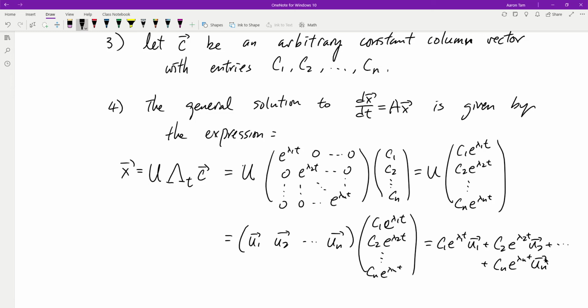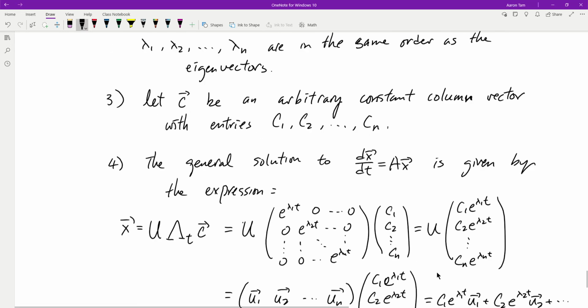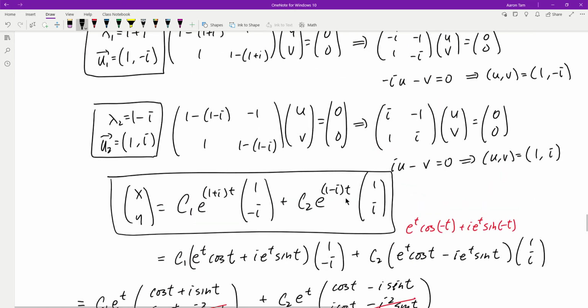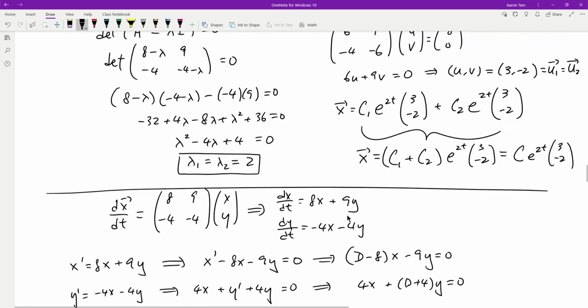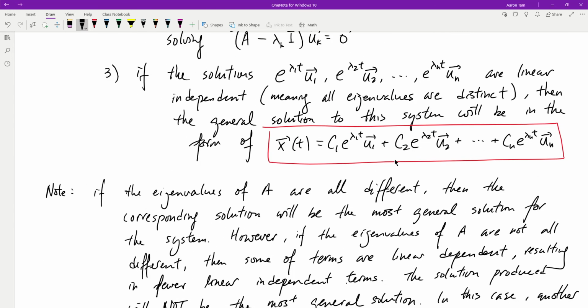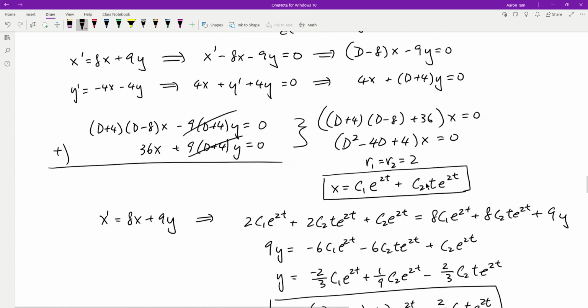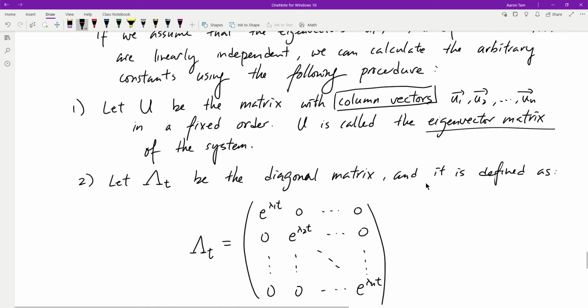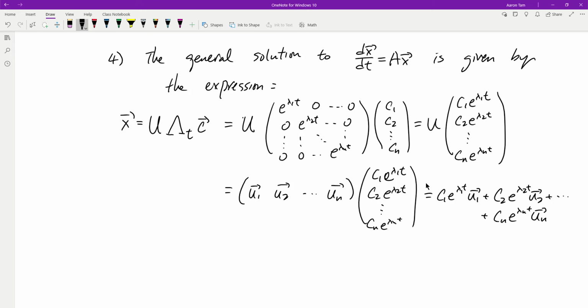Which is exactly how we expect our solution to look when we have that many eigenvalues with that many corresponding eigenvectors. It's the same exact formula that we wrote right here. Okay, notice this is the exact same formula, except that when I wrote it down there, I had to take the last term and put it underneath because I ran out of room. So now you have a new formula that you can memorize that would summarize this eigenvector, eigenvalue solution.